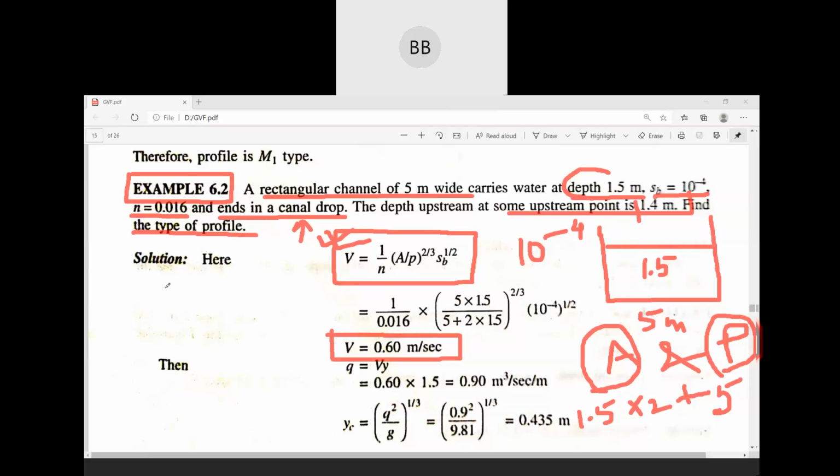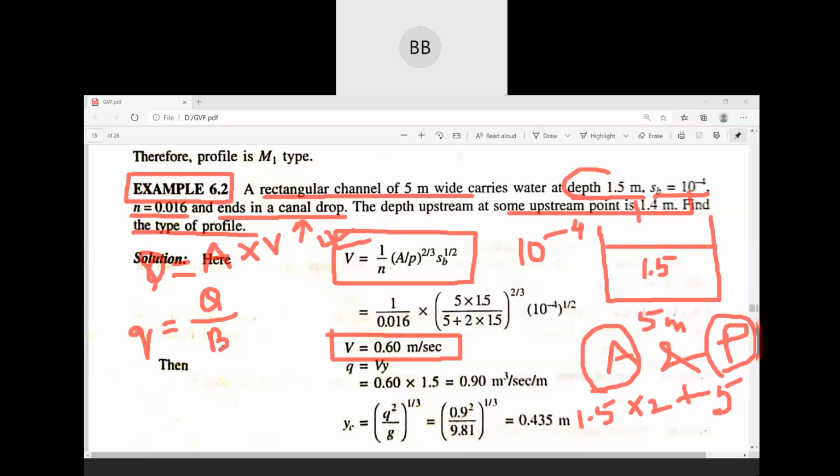After calculating velocity, you need to find out the discharge. Discharge is nothing but area into velocity. Actually our intention is to find out the small q. If you remember, small q is nothing but discharge per unit width of the channel.